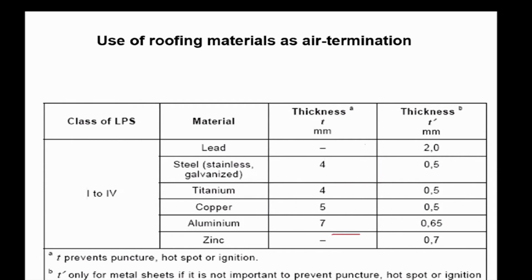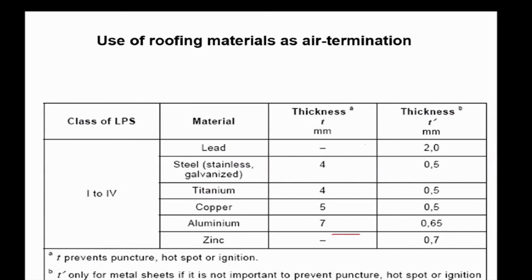For an example, the roof of a building. Say that you have a tin roof building or corrugated iron roofed building, or you have a metal tank on top of the building. Those things you can use as your lightning protection system, provided that it satisfies these conditions.